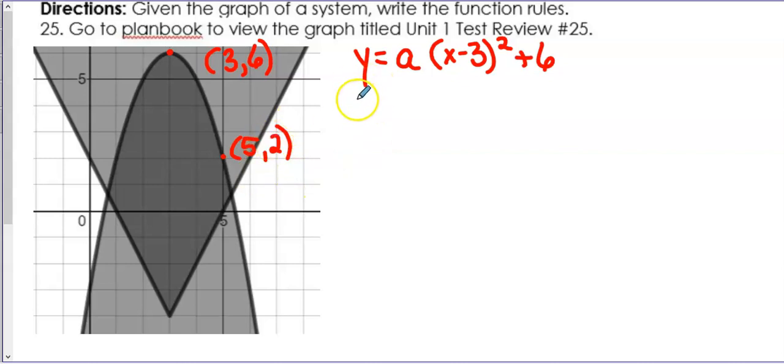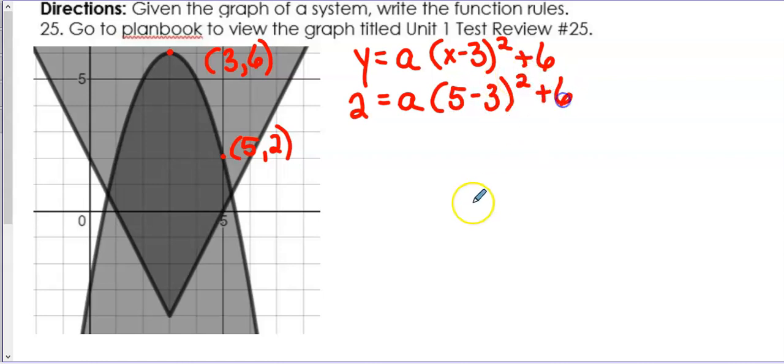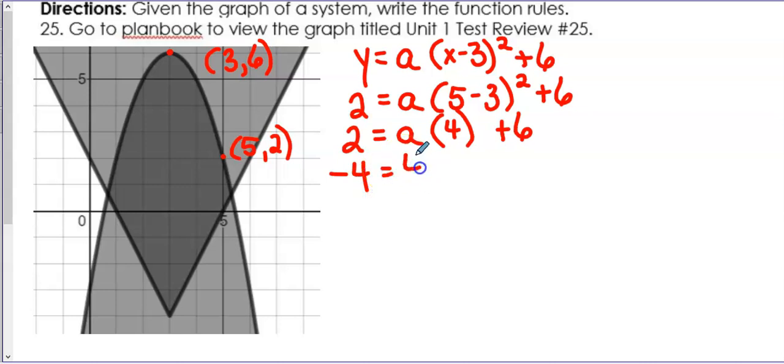So let's put a 2 in for y, and we'll put a 5 in for the x, and then we'll solve for a. That's going to be 2 squared, which is 4, plus 6. Okay, so let's subtract 6 over here. That's going to be -4 equals 4a. So a is -1 again, just like it was in our other one we did.